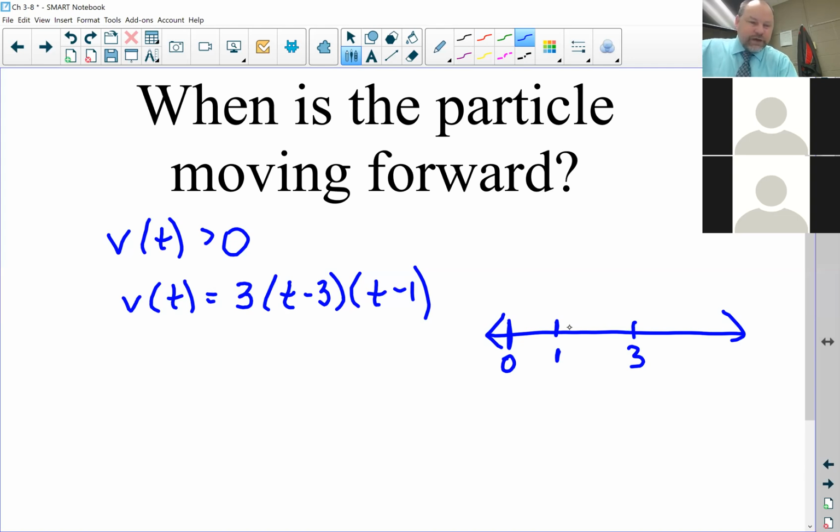And so at 1/2, well, 3 is positive. That's always going to be positive. If I plug 1/2 into the t minus 3, I get 1/2 minus 3, which is negative. I don't really care what the value is. I just want to know if it's positive or negative. And if I plug 1/2 into the factor t minus 1, I get something that's negative.